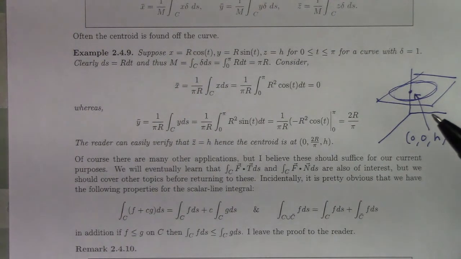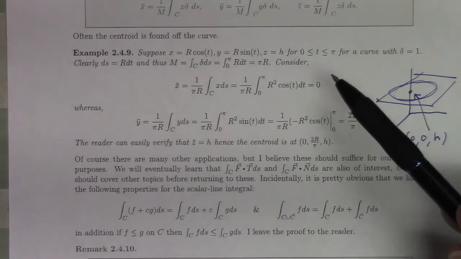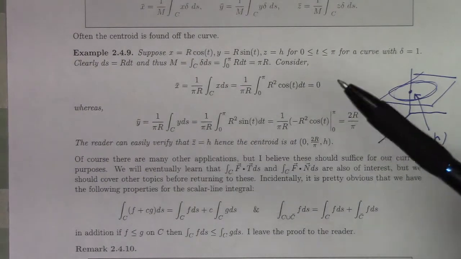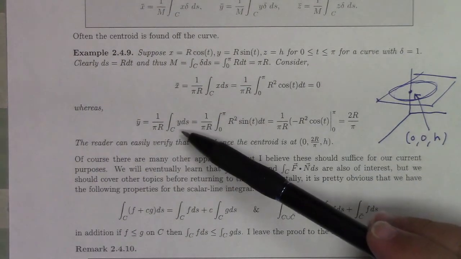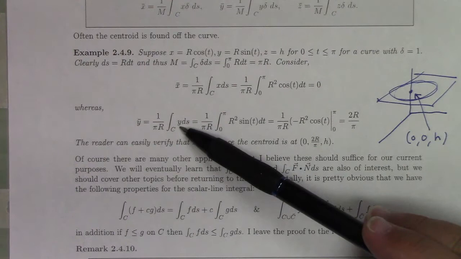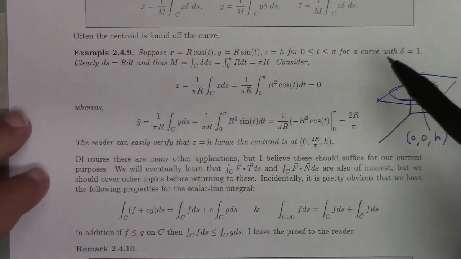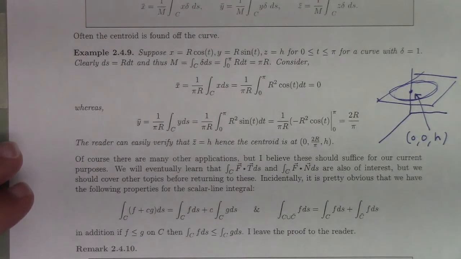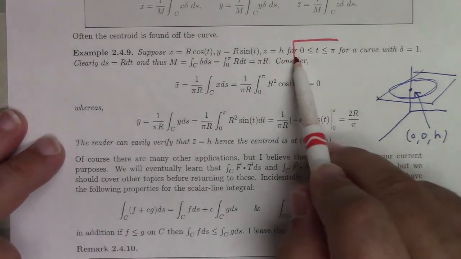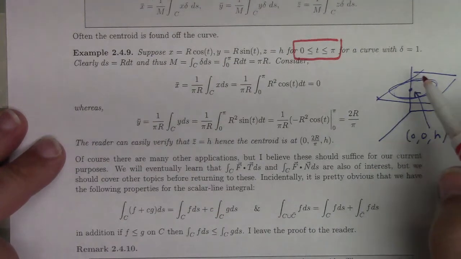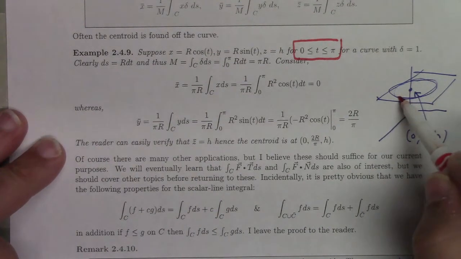Why do I want to say that the circle has centroid right there in the middle? Oh, I know why. Is this a circle? I'm sorry, guys. I'll get it eventually. No, it is not a circle, because we don't let t range over 0 to 2 pi. t goes from 0 to pi.